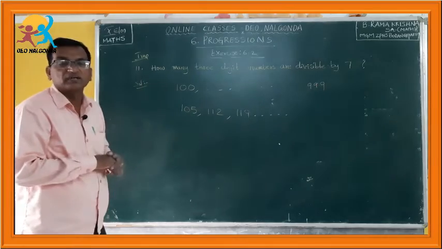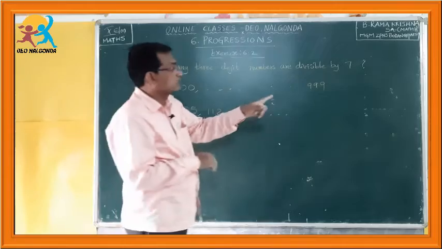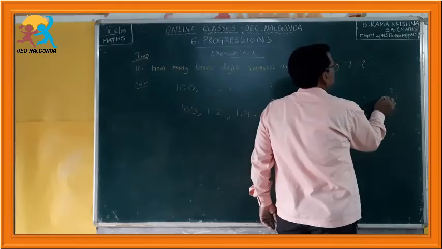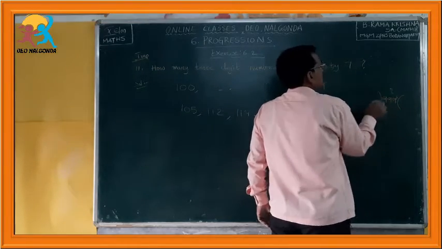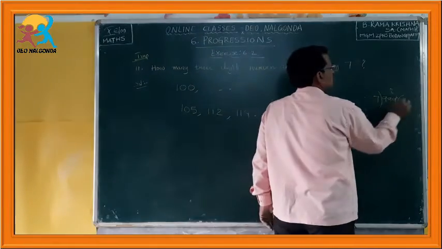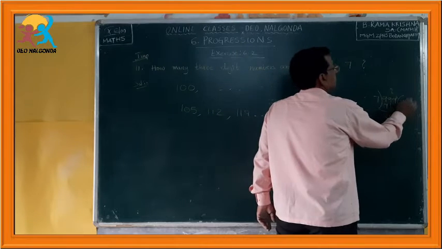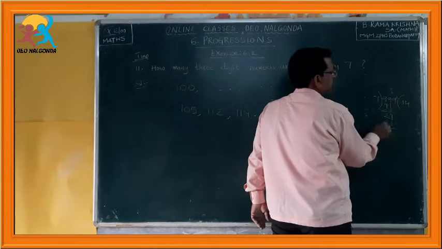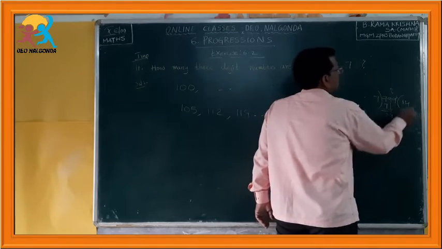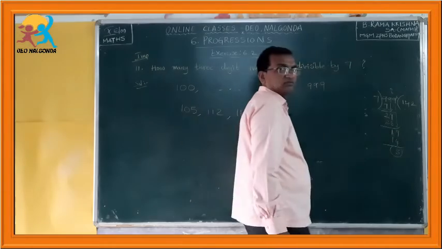Then one more thing you have to find is the last 3-digit number which is divisible by 7. For that you have to do a division. Just simply divide the highest 3-digit number by 7. 7 1s are 7, drop down 9, 7 4s are 28, so after subtracting you get 1, drop down this 9, 7 2s are 14, so the remainder is 5.